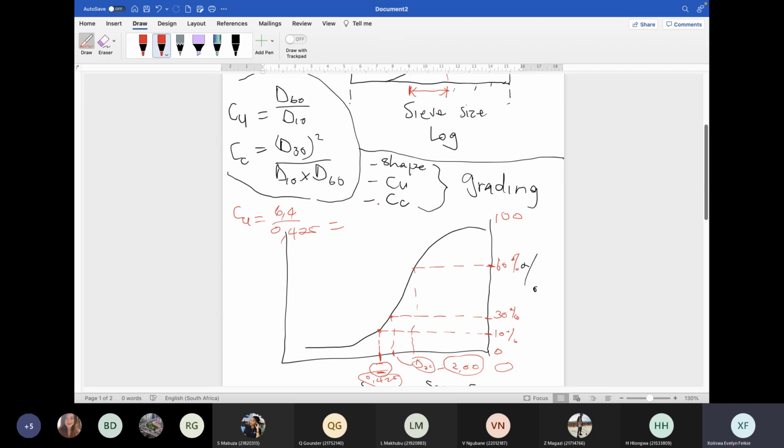If we will be writing it online, then questions will be asked in a different way, of course, but at the end of the day, you still need to know how to grade the soil using the grading characteristics. And what do you look at? The shape, the coefficient of curvature, and the coefficient of uniformity.